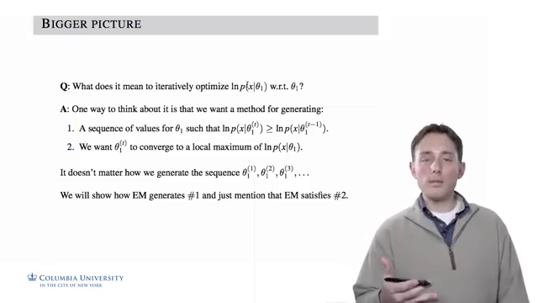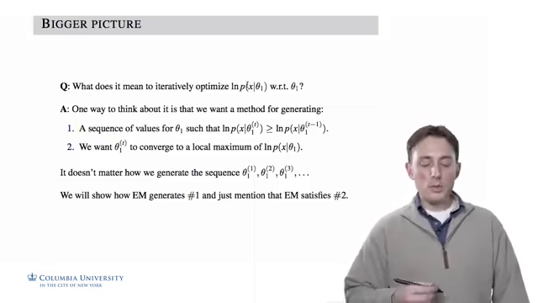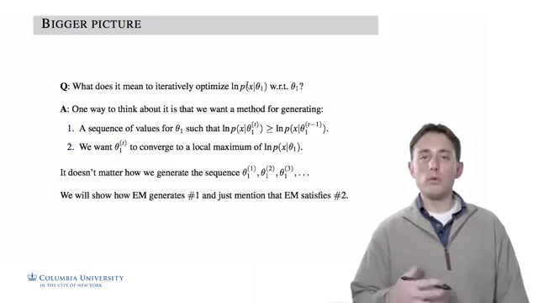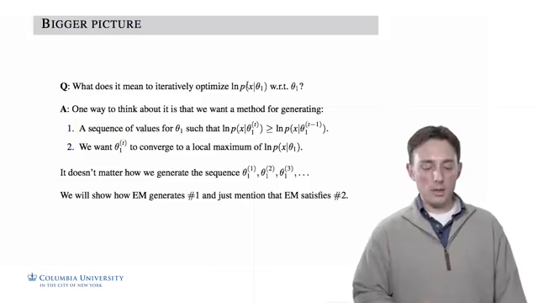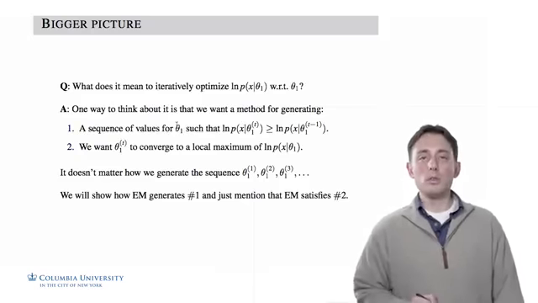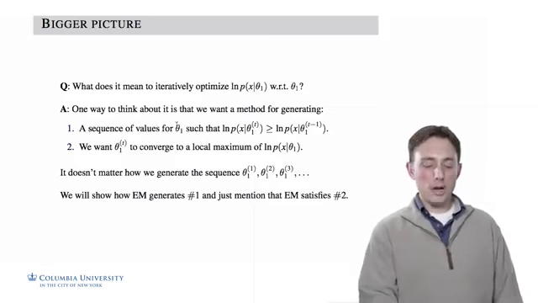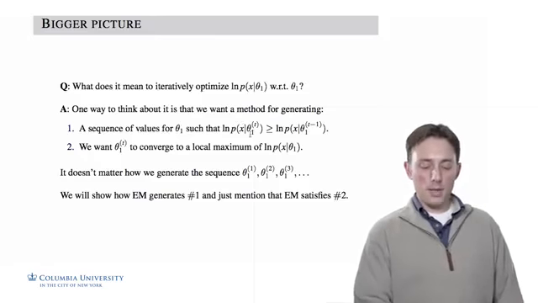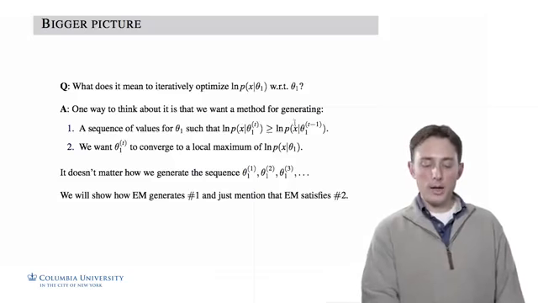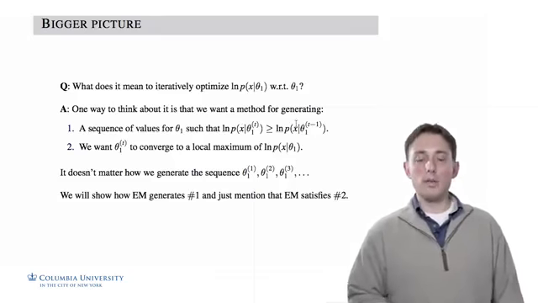One way of thinking about it is that we're looking for a sequence of rules to follow such that we get a sequence of values. The algorithm will output a sequence of values for theta 1 where the log of the probability of x given theta 1 at iteration t, for any t, is greater than the log of the probability of x given the value of theta 1 at the previous iteration.